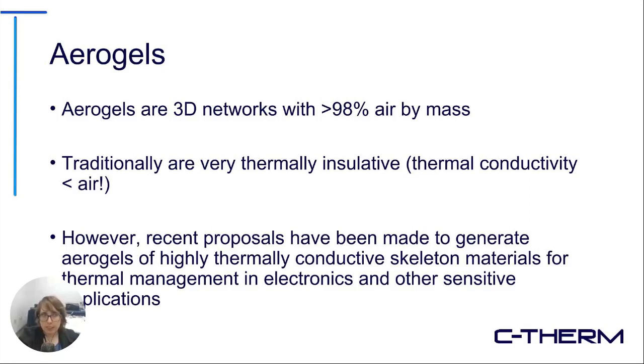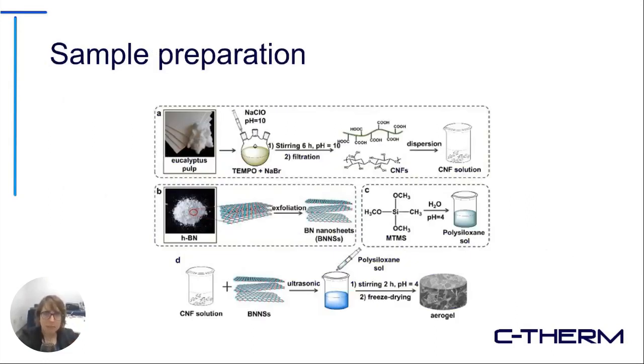But that poses the problem that they are, generally speaking, extremely thermally insulative. If you want to manage the heat properly and move it away from where it's being generated, an aerogel manufactured with traditional methods will pose a big challenge to that goal. So this work is aimed at generating an aerogel that's not extremely thermally insulating.